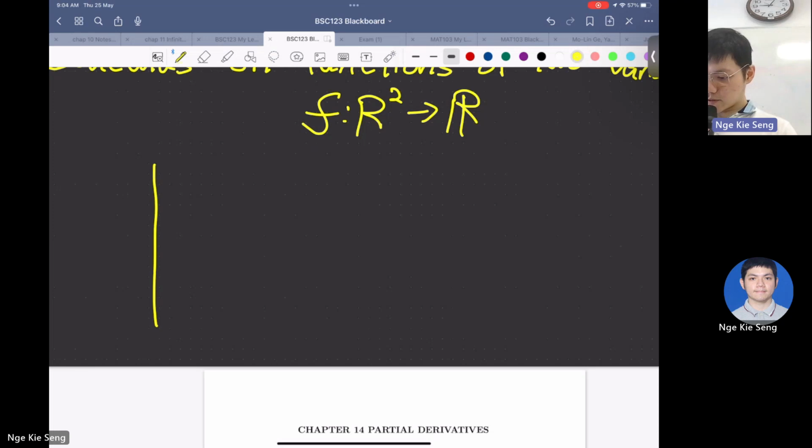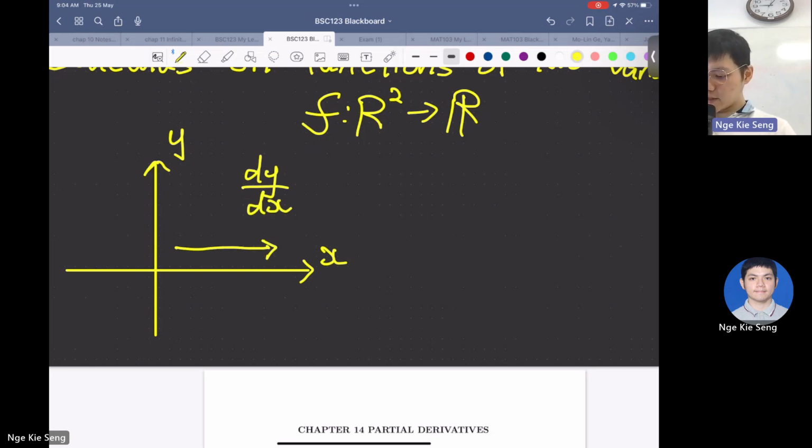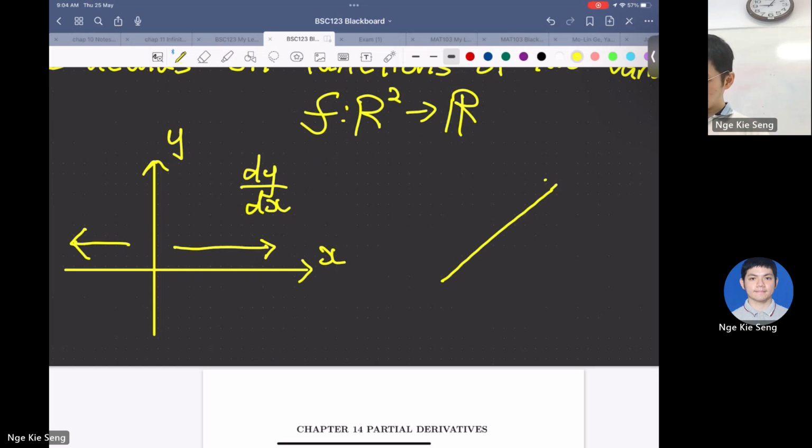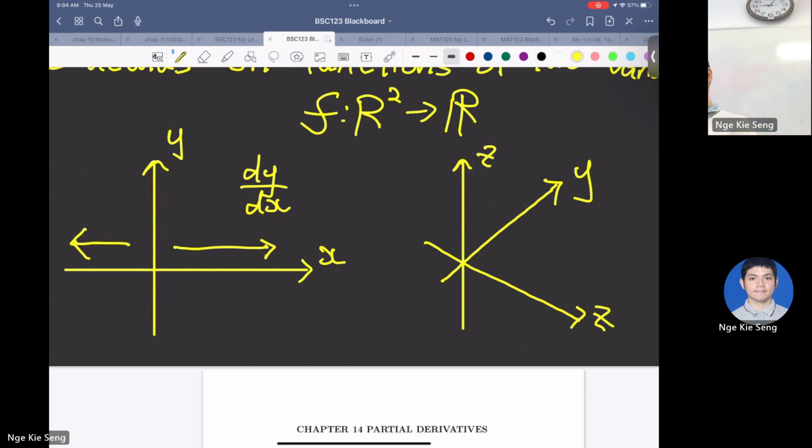So let me give you some pictures. If you only have y and x, if you differentiate dy over dx, there's really only one direction you can go, up to scalar. But if you are a function of two variables, your domain becomes two-dimensional.